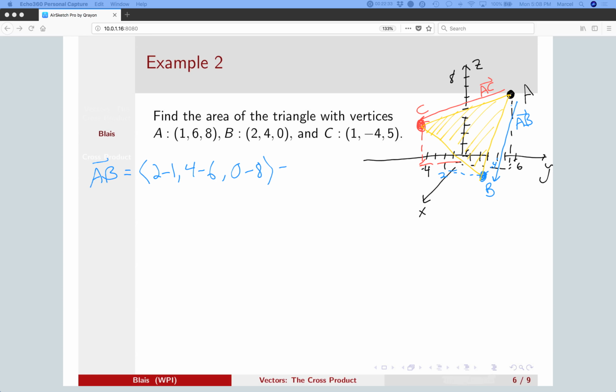And this gives us the vector 1, minus 2, minus 8. We then do the same procedure for AC.